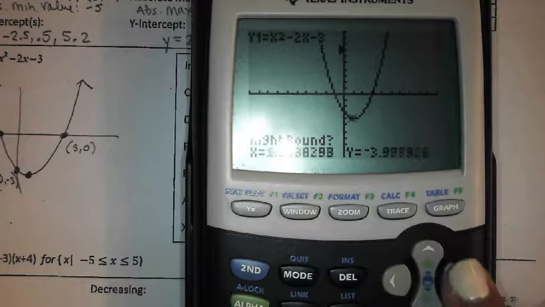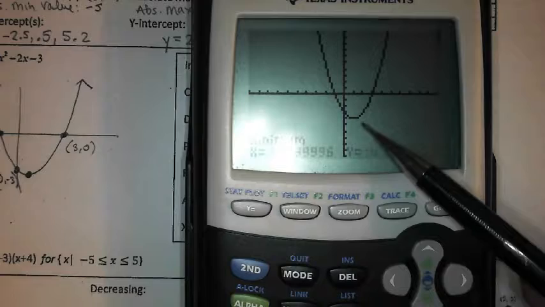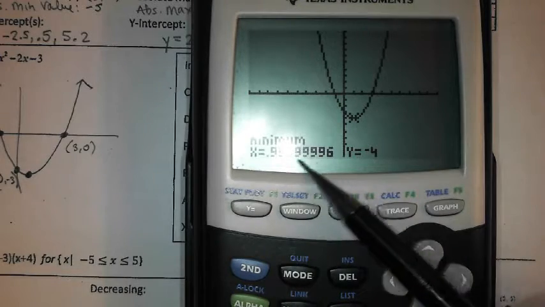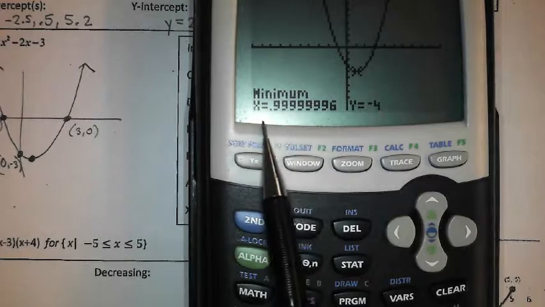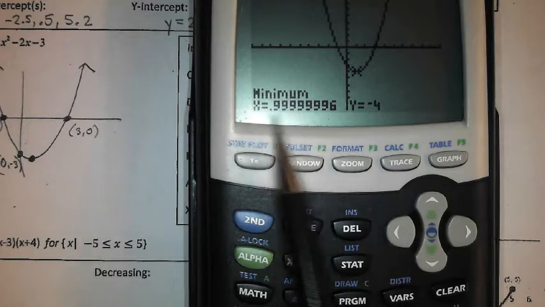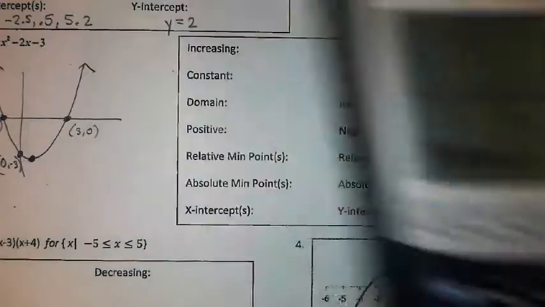And to the right of the minimum, scroll over, hit enter, and enter through the guess, and you're going to get, now this happens sometimes, essentially it's 1, -4. There's some kind of pixel error on your calculator that makes that happen from time to time. But if it's obviously 0.9999999, it's 1, -4. Okay?